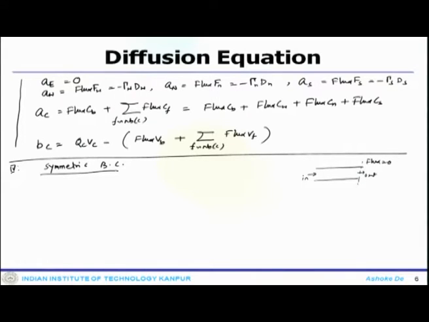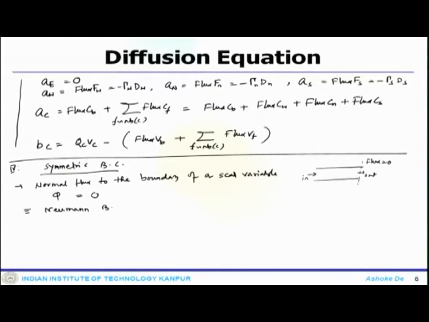Now, typically along a symmetric boundary, the normal flux to the boundary of a scalar variable phi is 0. So, symmetry boundary condition is sort of equivalent to Neumann kind of boundary condition.